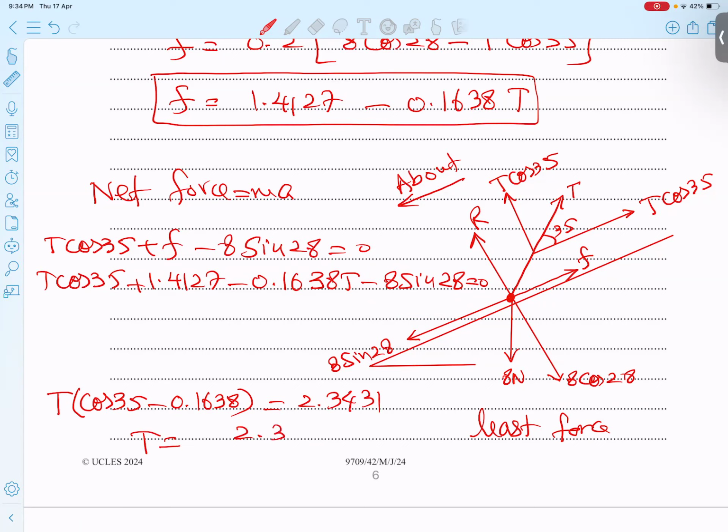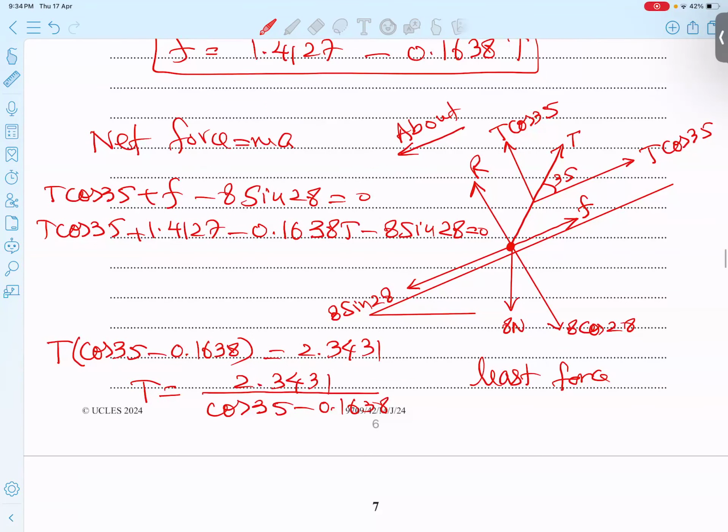And this whole thing will go down and I will get the first tension here. So 2.3431 divided by cos 35 minus 0.1638. This is my first answer going to come. And just wait, students, let me write it. Final answer, cos 35 minus 0.1638. And this is my first answer going to come.